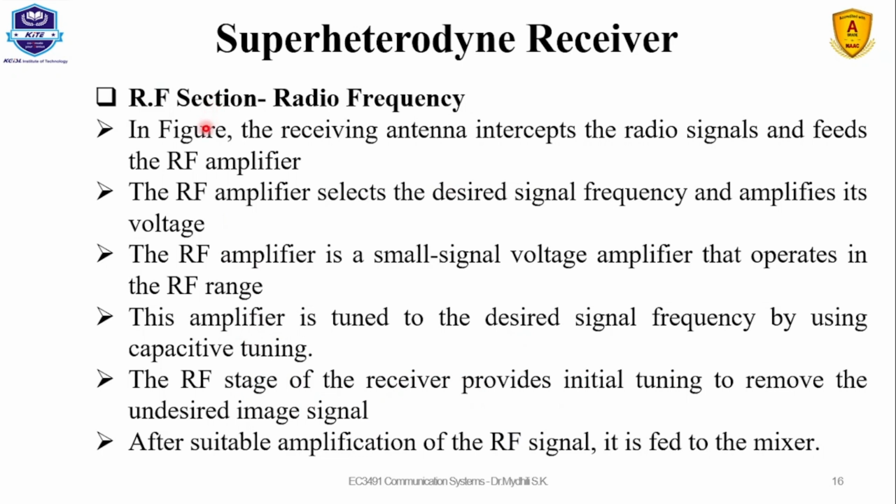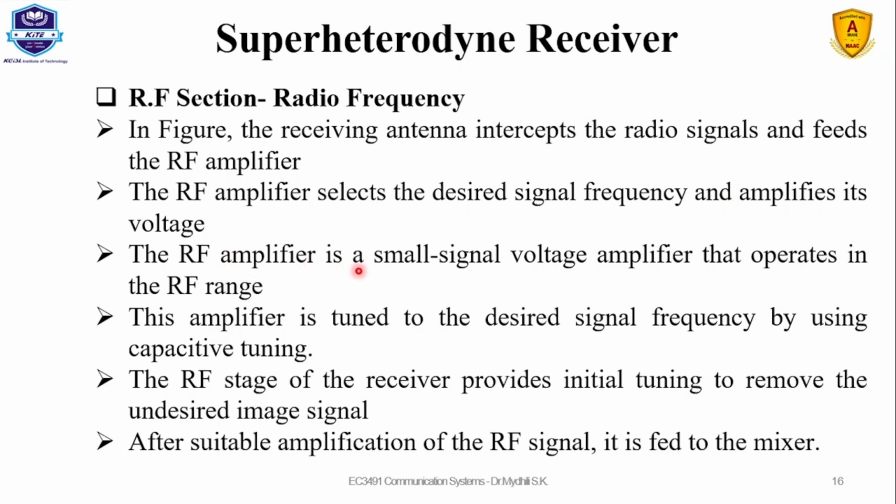As I mentioned earlier, it is called the radio frequency section. In the figure, the receiving antenna intercepts the radio signal and feeds it to the RF amplifier. This RF amplifier selects the desired signal frequency and amplifies its voltage.